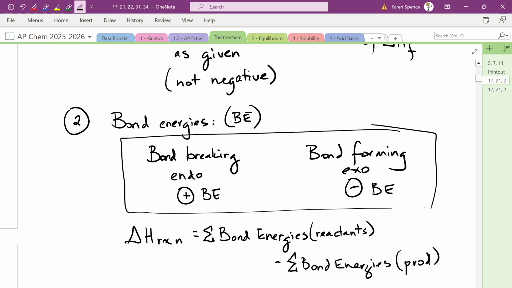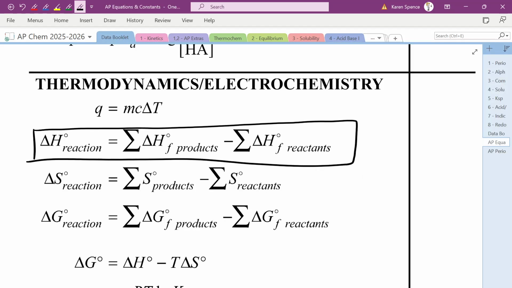But if you forget that and you're on the AP exam and you just don't remember, then you can go to your data booklet and say, oh, look, when I'm doing formation, it's products minus reactants. Bond energies are the opposite of that. So you would put the reactants minus the products for the bond energies. Okay, so you can memorize, you can understand, or some combination of both. Yeah? Okay, cool. Any other questions?